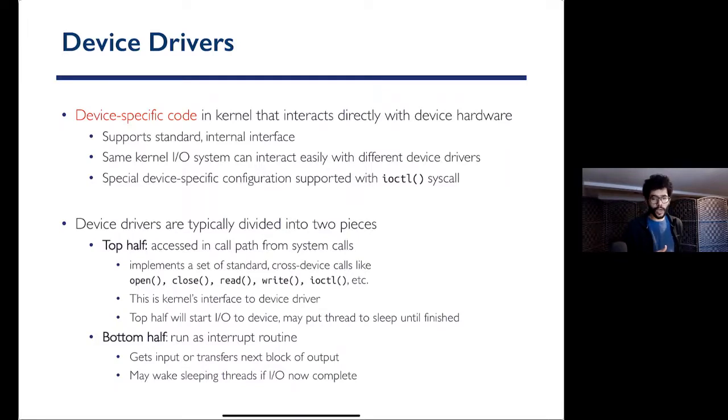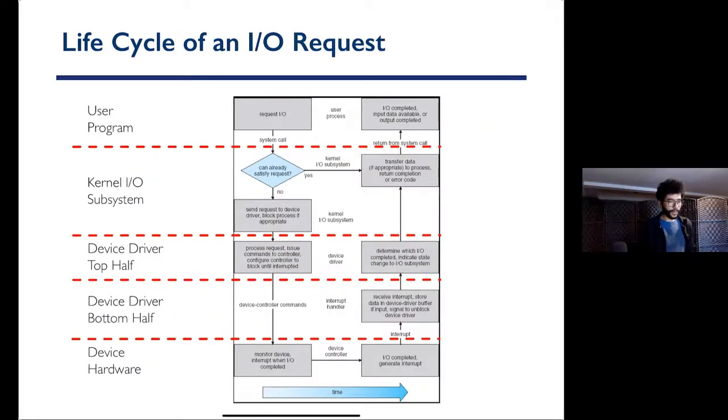Like, for example, copy the data from the device. If you receive a packet and the packet is now in your NIC hardware, your device driver maybe wants to copy it to kernel memory or something like that. So after you receive an interrupt that I have a packet, then the device driver does what it has to do. So let's look at it in this diagram.